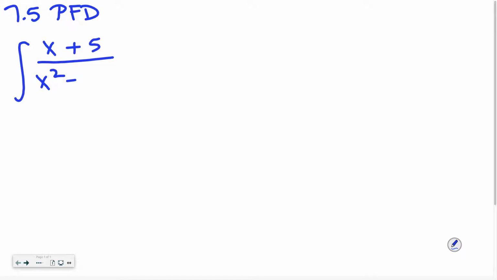Okay, so if we had an integral like this, it's set up perfect for us, right?